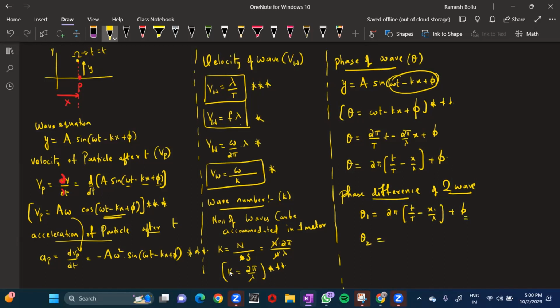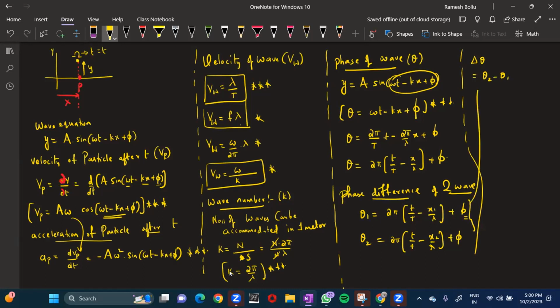The phase of the second wave I can write as t by capital T minus x2 by lambda, also with the same initial epoch. What does phase difference mean, children? Phase difference means final phase minus initial phase. Delta theta is nothing but final phase theta 2 minus theta 1.